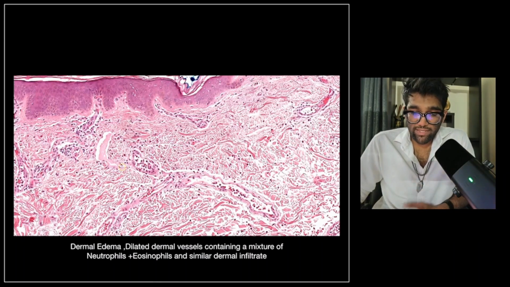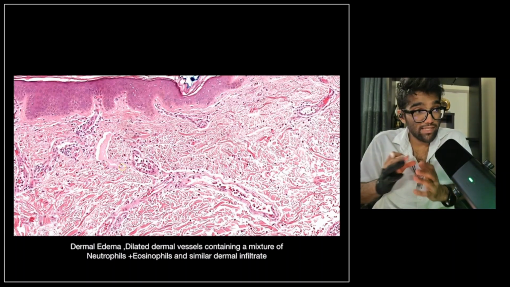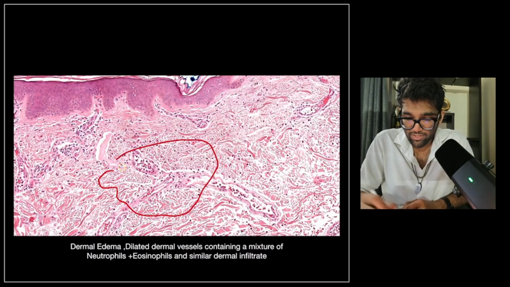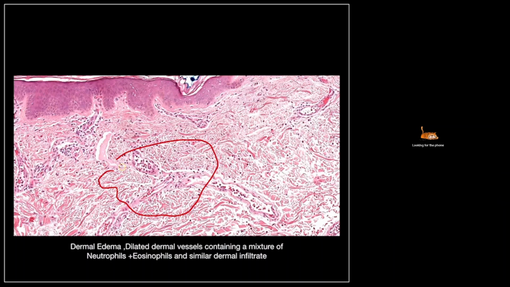So what do we see here? We see that there is actually a lot of dermal edema. How do I know there is dermal edema? There is a separation of collagen fibers. The collagen fibers in the dermis are separated from one another. There is definite dilatation of dermal vessels. These vessels here are actually visible. Usually dermal vessels are not that visible. Okay.